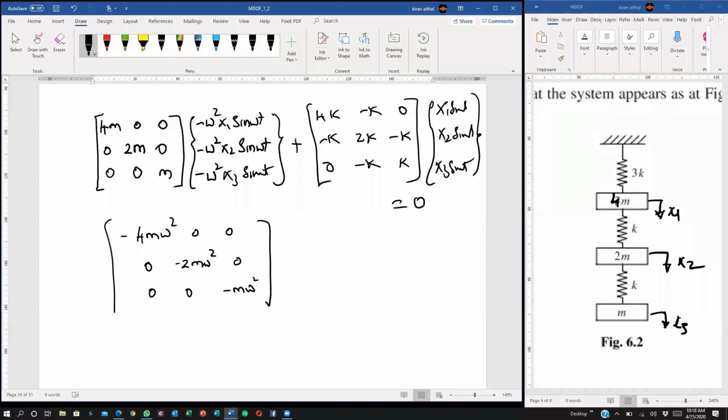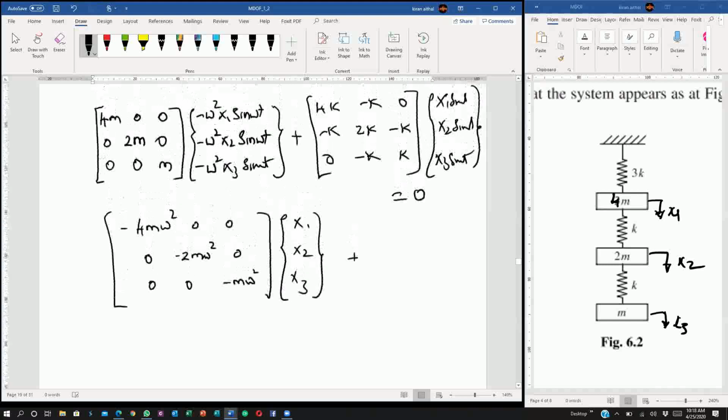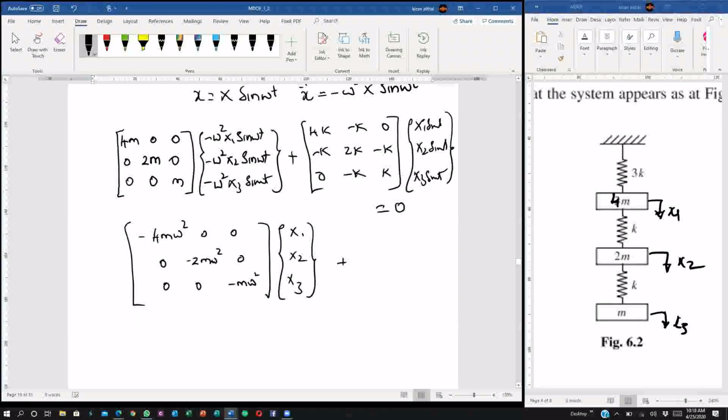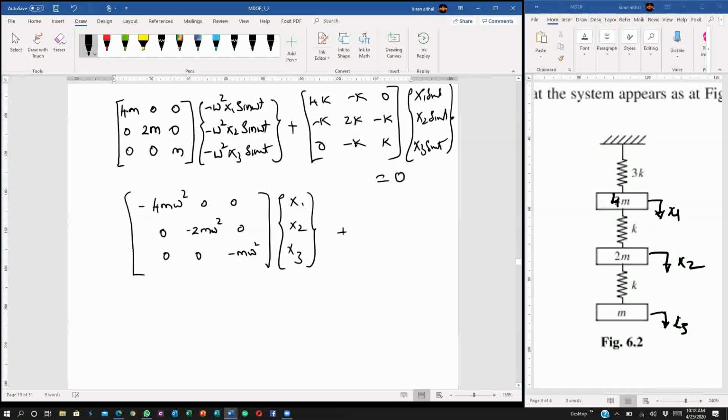Correct? This is what I am going to get. Then you will have X1, X2 and X3, plus the stiffness equation remains the same here.